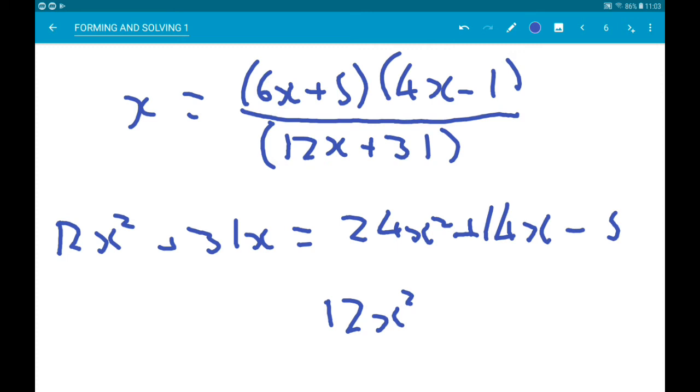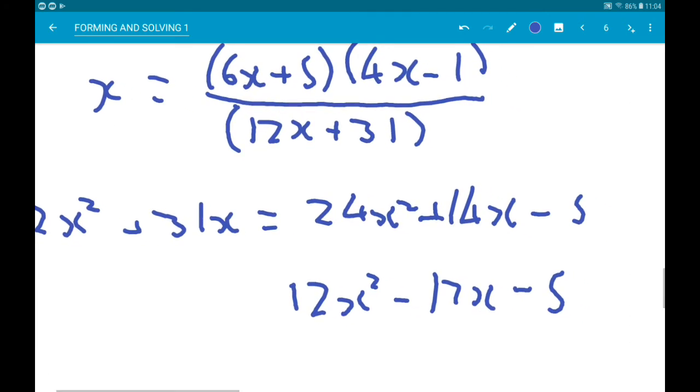So 14 minus 31 is going to give us minus 17x. And then we have minus 5. Now I'm going to put the equal 0 on the right.